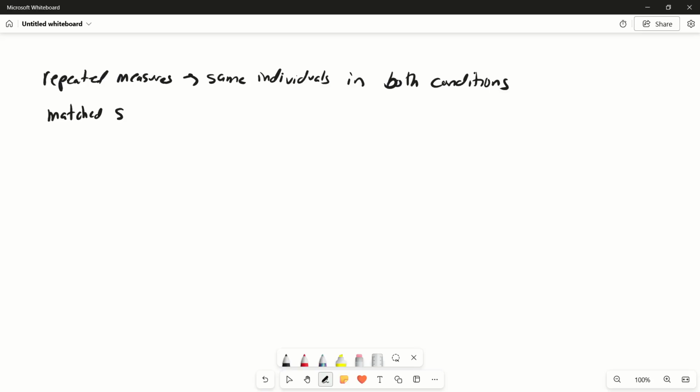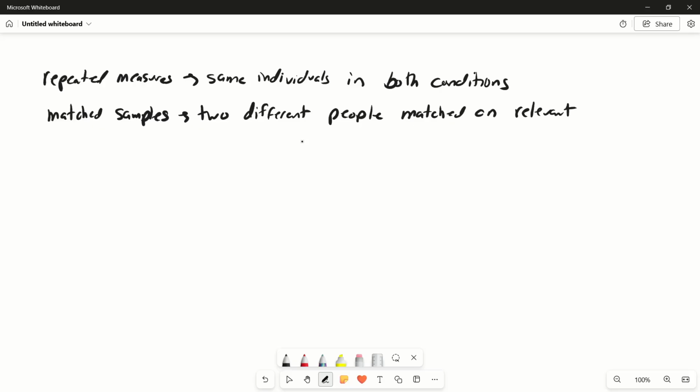Now, this is really rare, and personally I've never done a study like this, where you have two different people matched on relevant variables and randomly assigned to conditions.